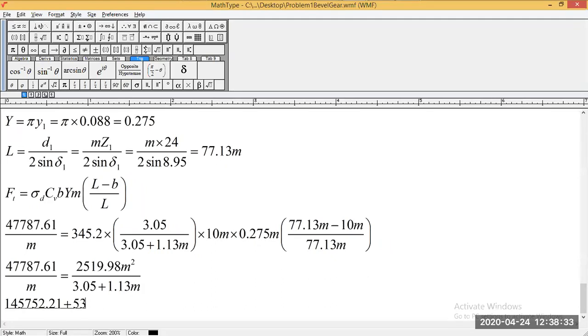Okay, let me say 53.9, 54123 M equals this.